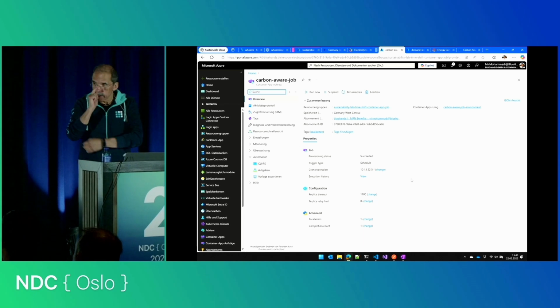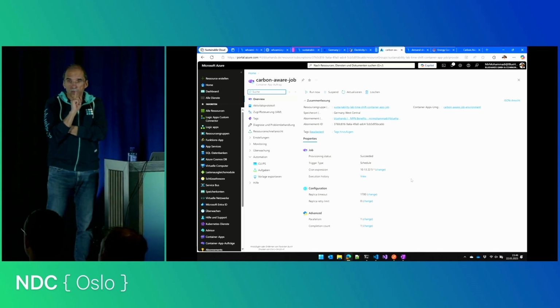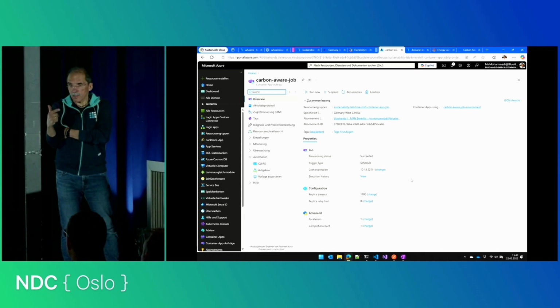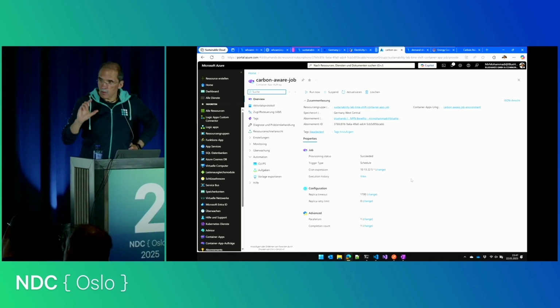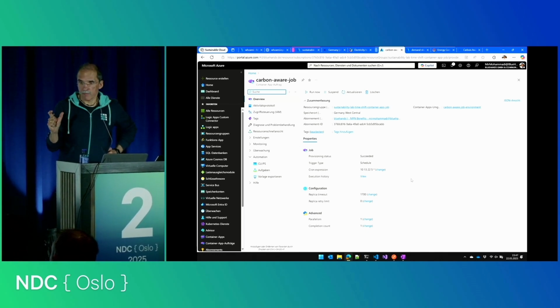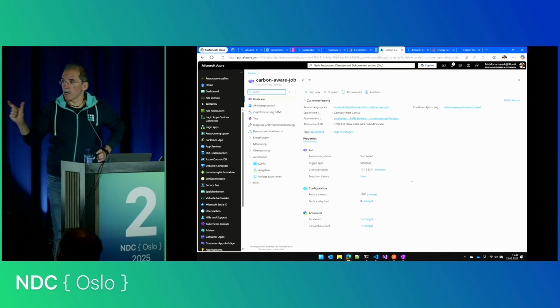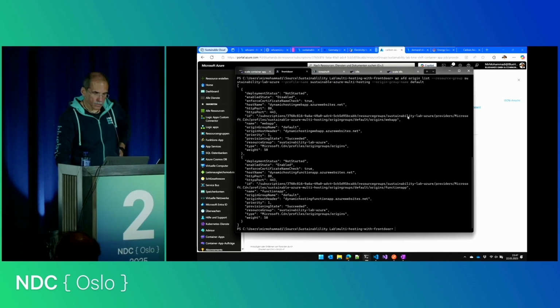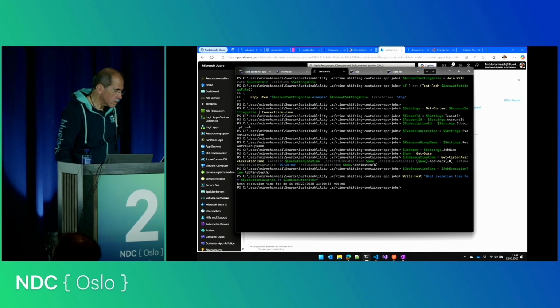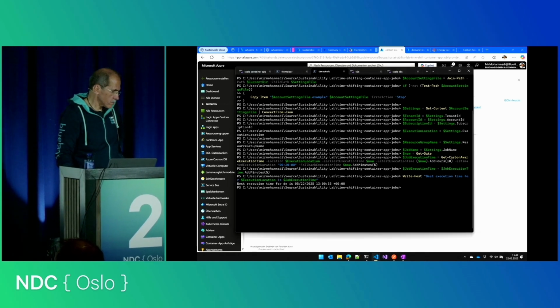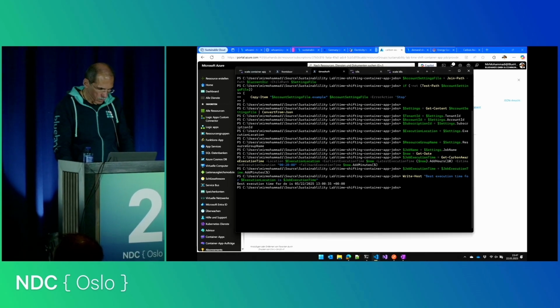And the idea now is that if you have periodically running workloads, you calculate the best time when you can run this job. So let me copy and paste a little.